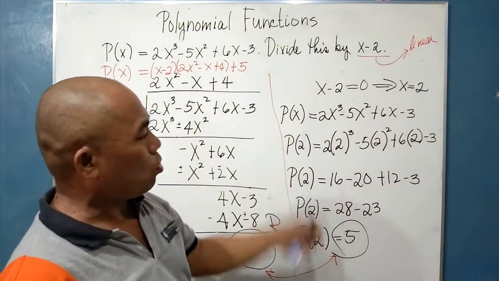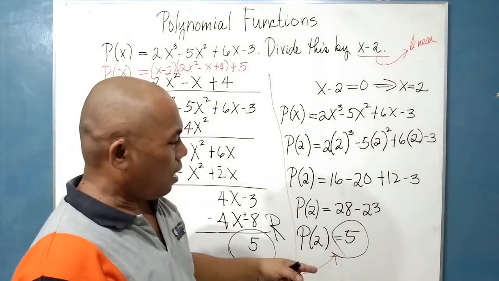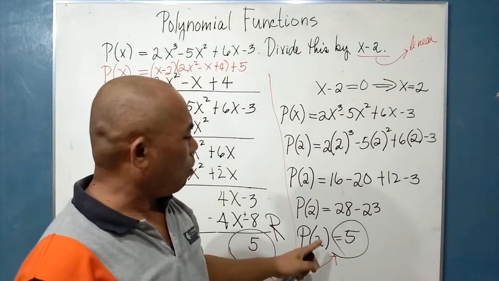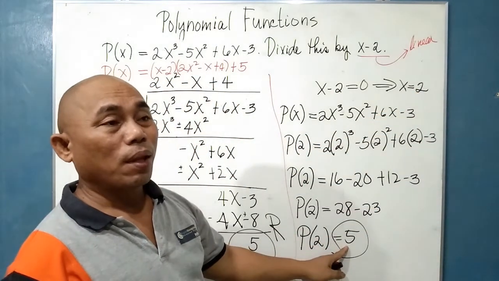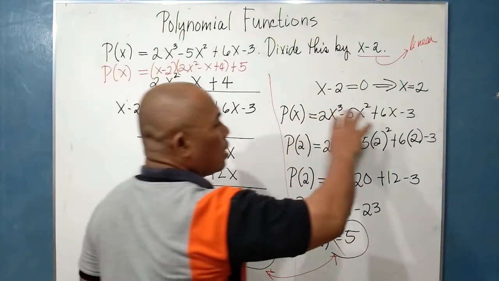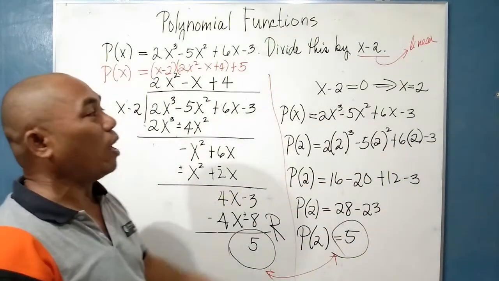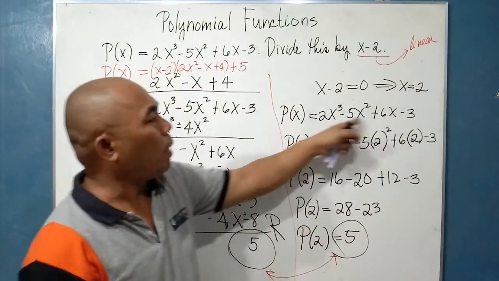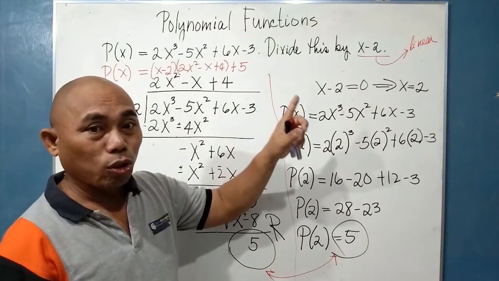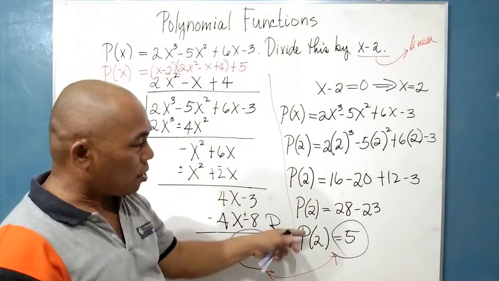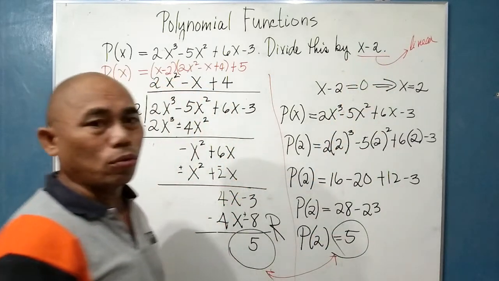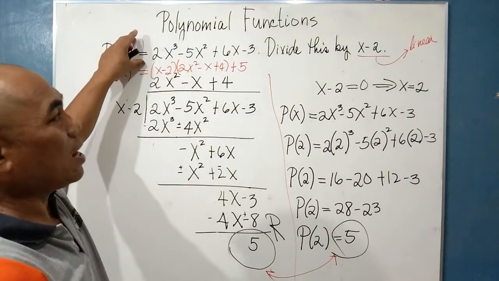Dinhi sa substitution method, ato lang nakita nga when x is replaced by 2, mogawas nga dunay value nga 5. So si remainder dinhi sa substitution is just the value of the polynomial function kung ang x puliani 2. And by this, we cannot say, di na to masulti nga si x minus 2 is a factor ani niya.